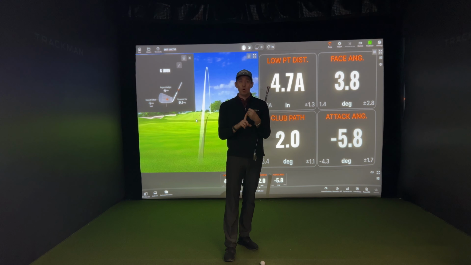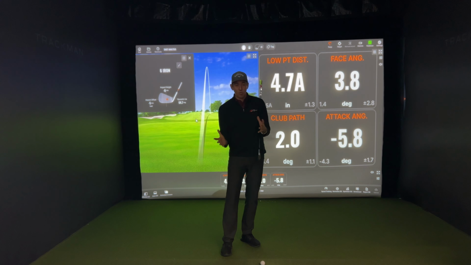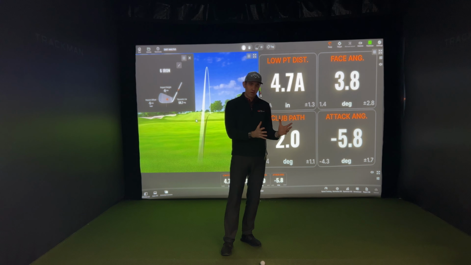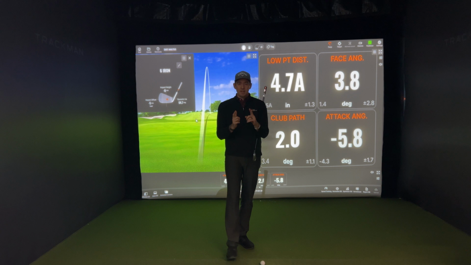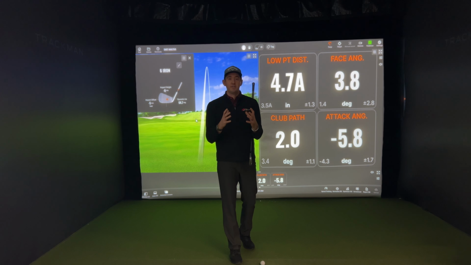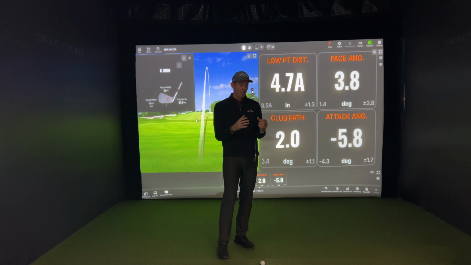We have to understand where we're hitting it on the club face. Number 2 is low point. We have to find out where we are bottoming out, if we're bottoming out before the golf ball or after the golf ball. Then there's understanding face angle, because the face angle has a lot to do with where the golf ball starts. Usually 70 to 80% of start direction is dictated by the club face and face angle.